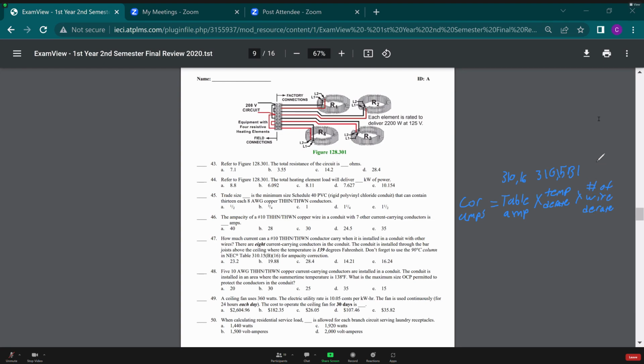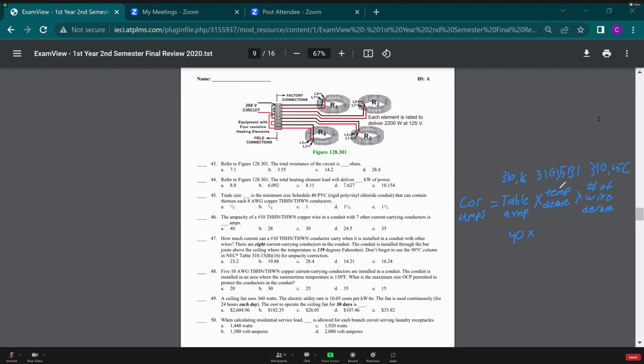And then this last one here is 310.15 C. If we look at the table of 310.16 for 10 gauge, we get 40 amps. This is in the 90-degree column. Remember when I said that if we're looking at 310.16, the terminations are out of the 75 and derate out of the 90, we're derating the wire, so we're going out of the 90-degree column.